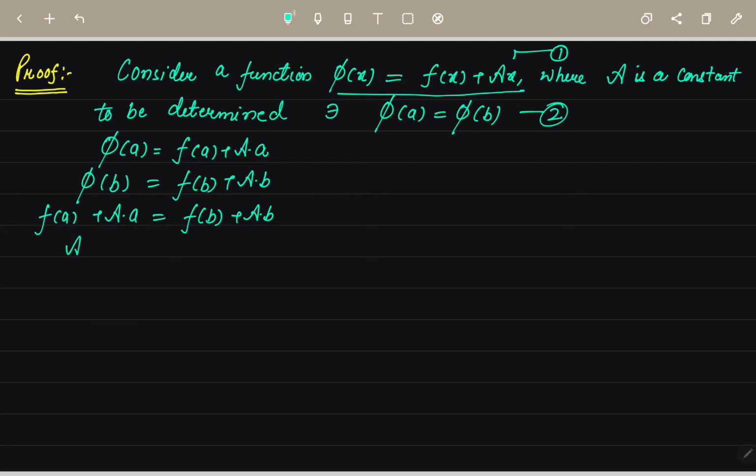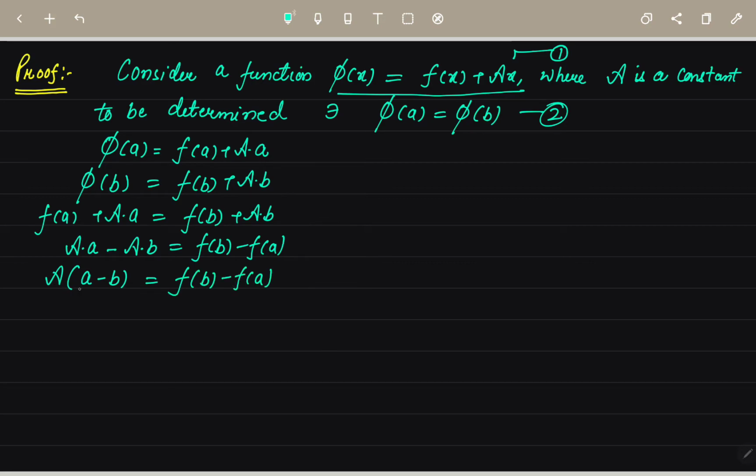So a into a minus a into b is equal to f of b minus f of a. Taking a as common, a times (a minus b) is equal to f of b minus f of a.